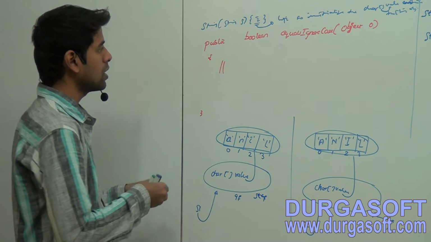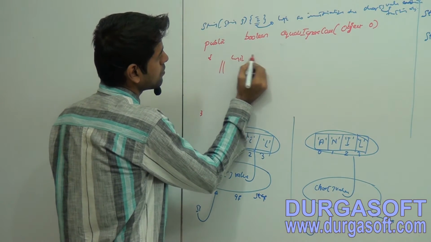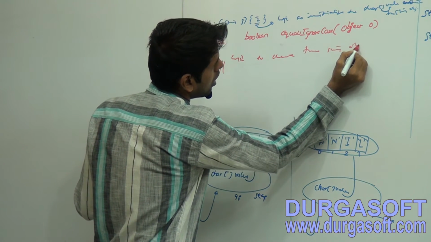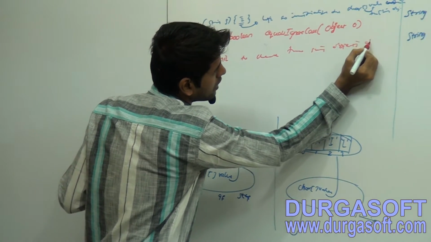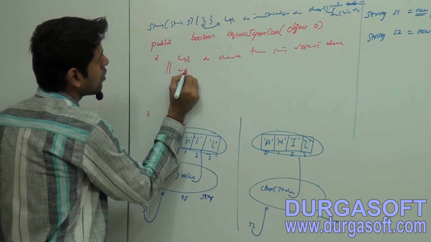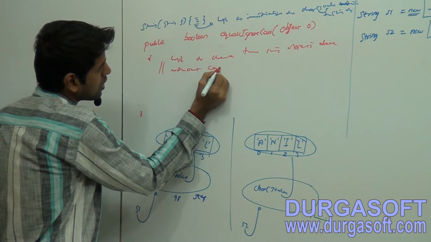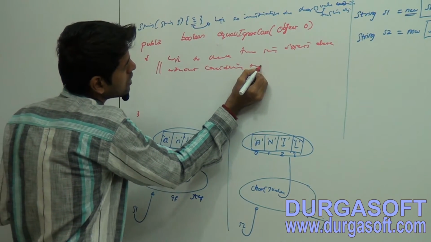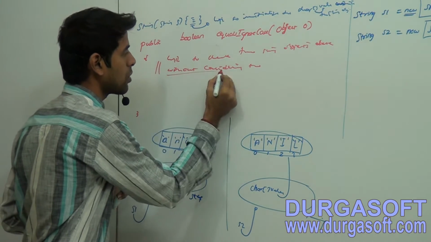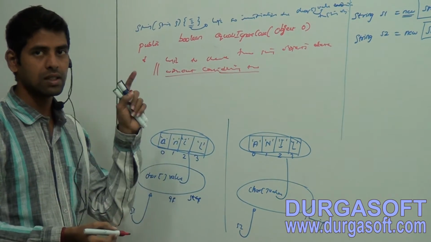So here the logic is to check two string objects' data without considering. Observe, this point is important to us: without considering.